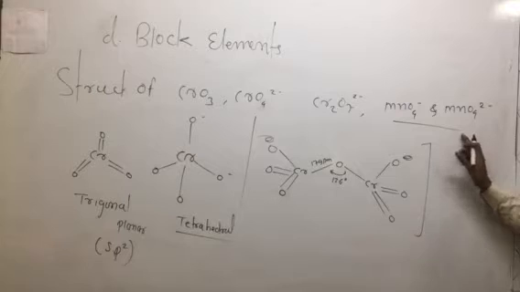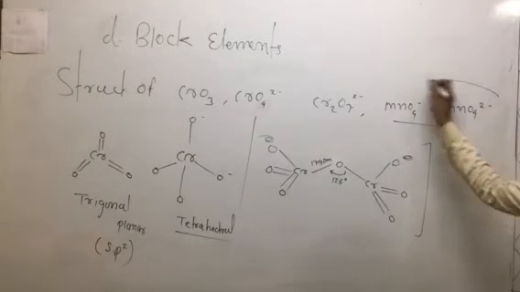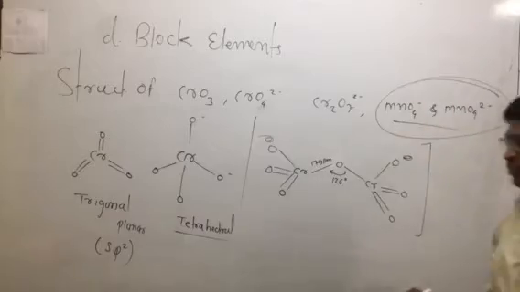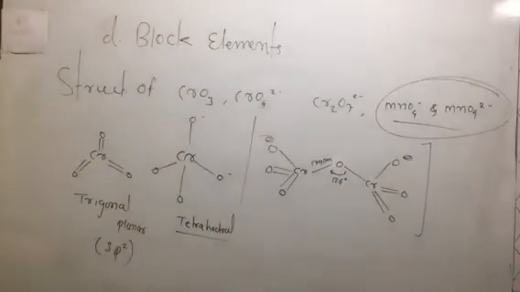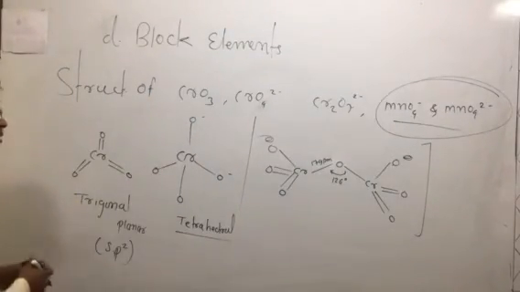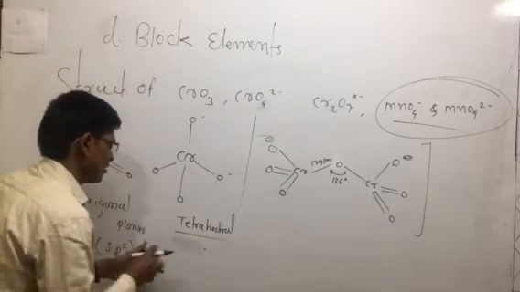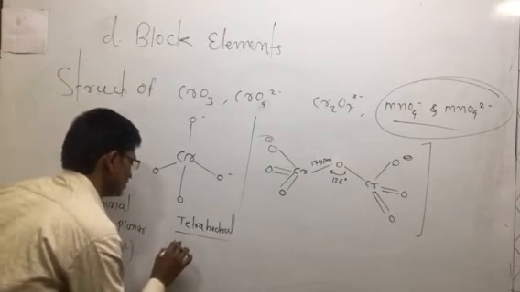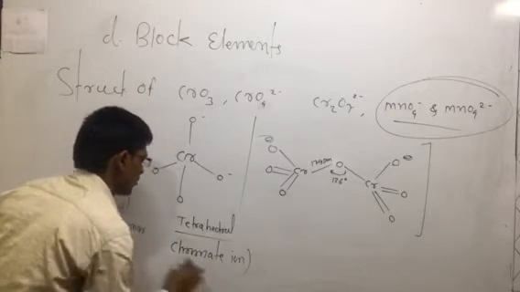Here the next structures are MnO4 negative and MnO4 2 negative. This is the difference between MnO4 1 negative and MnO4 2 negative charge. Here is one tetrahedral geometry, the chromate ion.